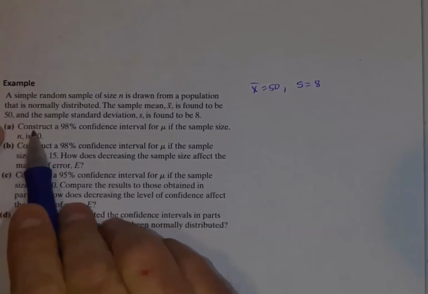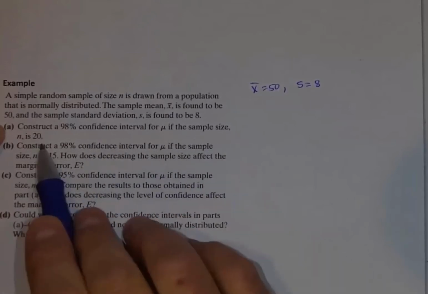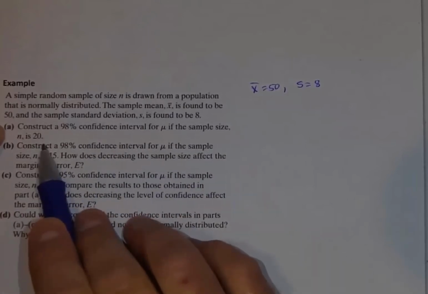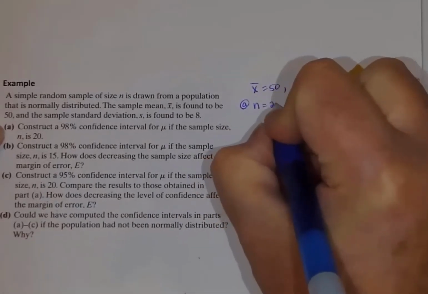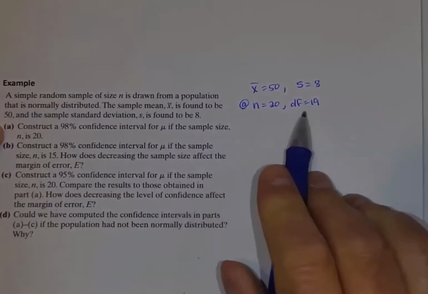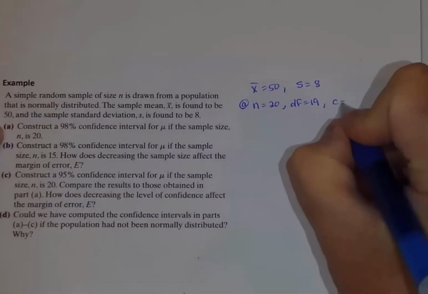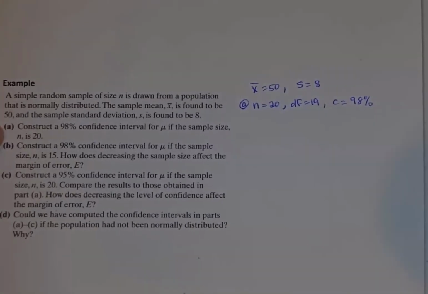So in question A, we want to construct a 98% confidence interval for mu if the sample size is 20. So in A, our sample size is 20, which means we have 19 degrees of freedom, and we want to construct a 98% confidence interval.